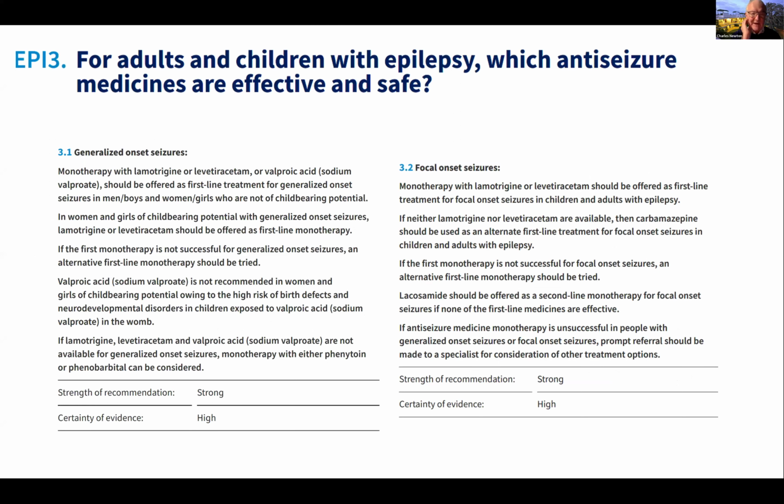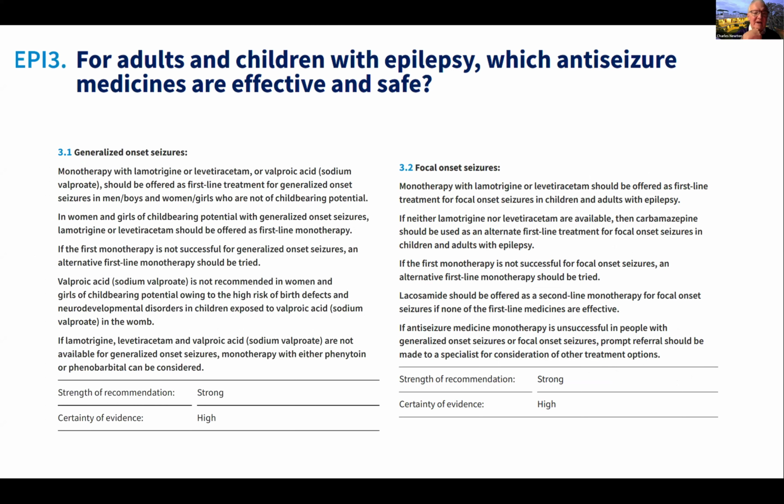So the second update, after the one on status epilepticus, is on adults and children with epilepsy, and which anti-seizure medicines are effective and safe. This is divided up into generalized onset seizures and focal onset seizures.